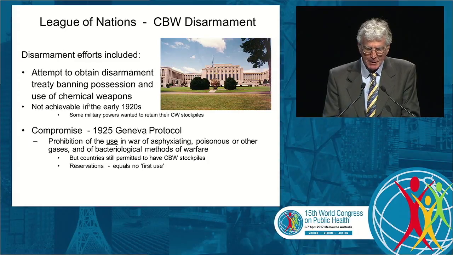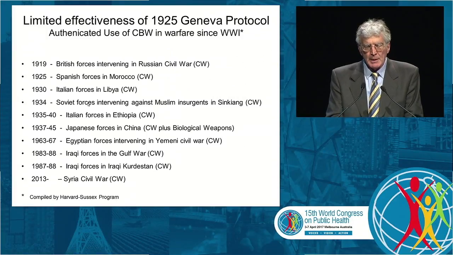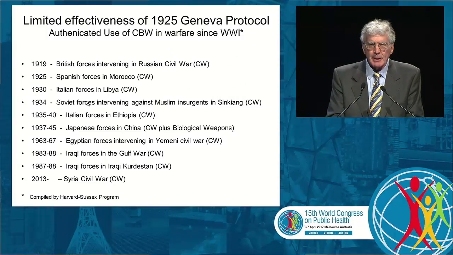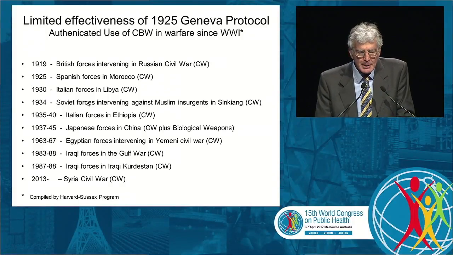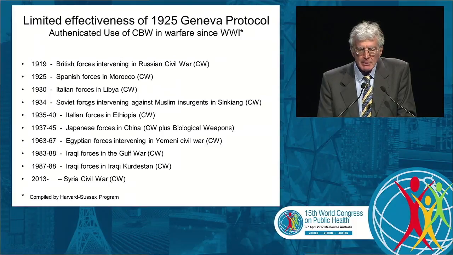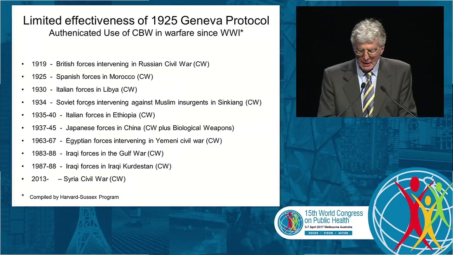And as a consequence of that, the next slide shows some of the violations of that agreement, the 1925 Protocol. You'll note that all except one are chemical weapons. It was only the Japanese force in China which used both chemical weapons and biological weapons between 1937 and 1945.